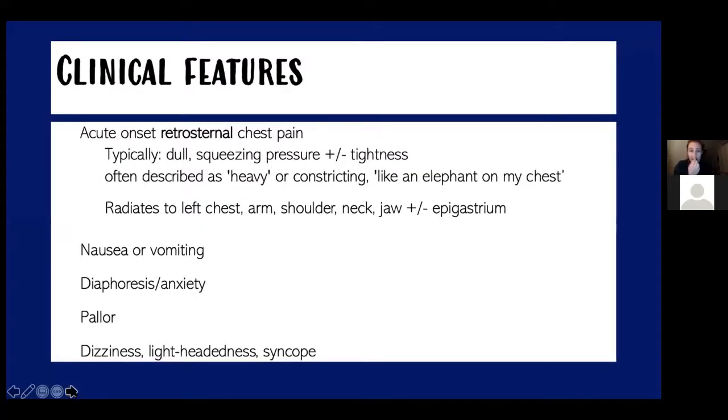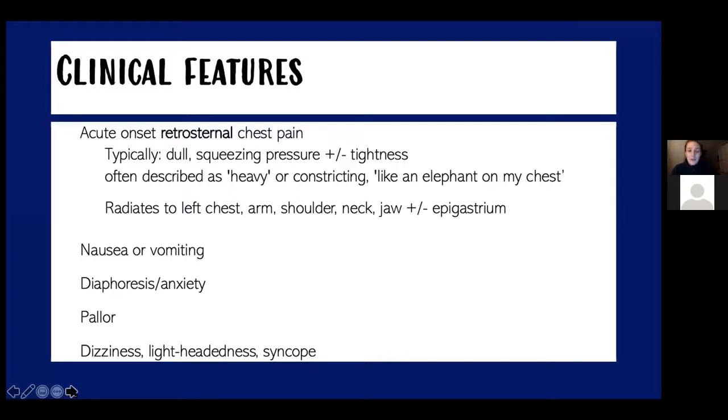So our clinical features, I'm sure a lot of you know this already. It's an acute onset. Classically, it's retrosternal chest pain, dull, squeezing, sometimes described as a pressure or a tightness of the chest. The classic phrase is an elephant on my chest, or you'll have the patient holding their chest, saying it's really pressing down.